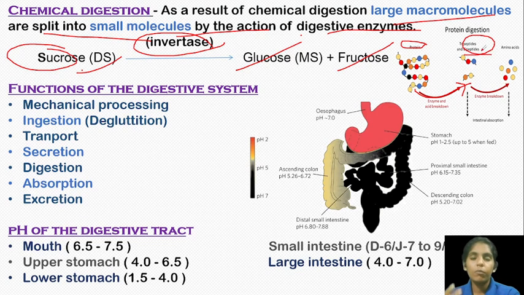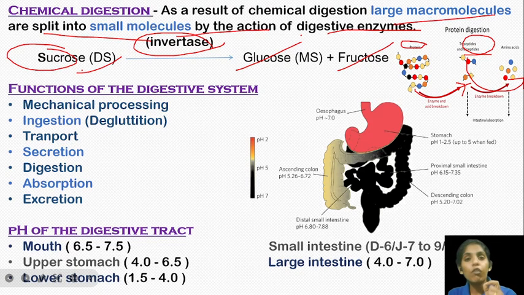And these di and tripeptides will further be broken down into single amino acid units. These amino acids are the simplest forms of proteins. So monosaccharides are the simplest forms of carbohydrates, and amino acids are the simplest forms of proteins. And these can be easily absorbed into the blood circulation.